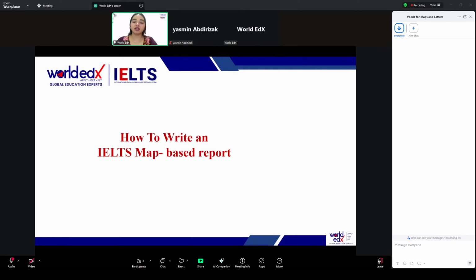Meaning, in writing section 1, where you have a map which is an infograph, you have to really understand it, write about the key features of the map, and of course describe the map. Particularly today we'll be covering map-based report writing, but you should be aware that there are a lot of different kinds of graphs that you can definitely expect in the writing task 1.